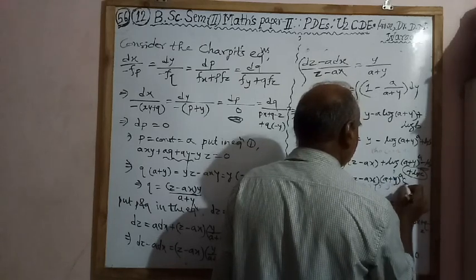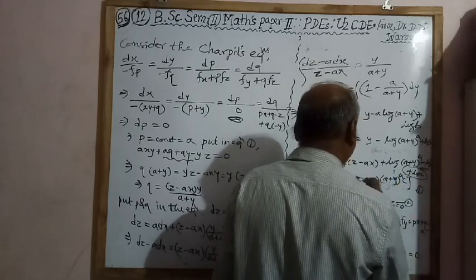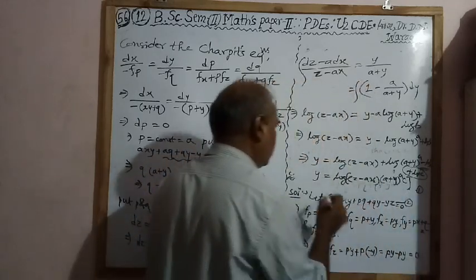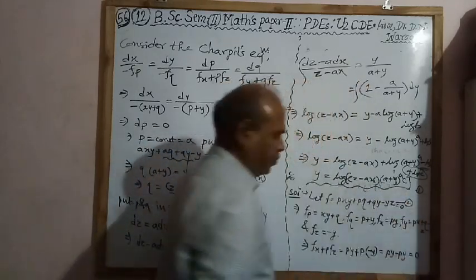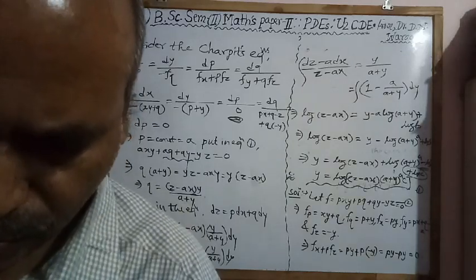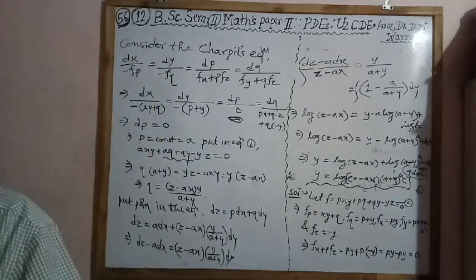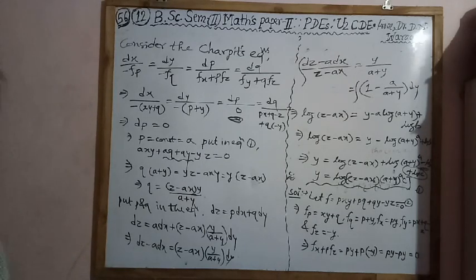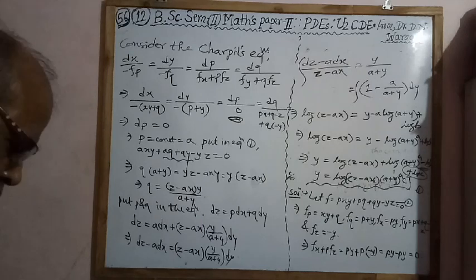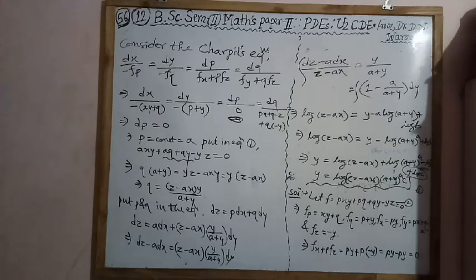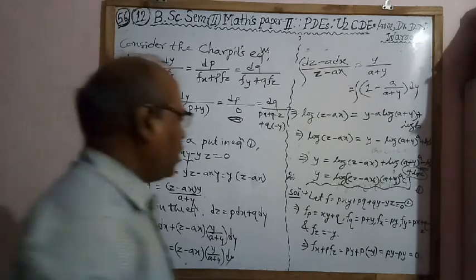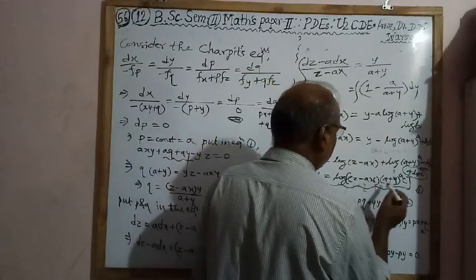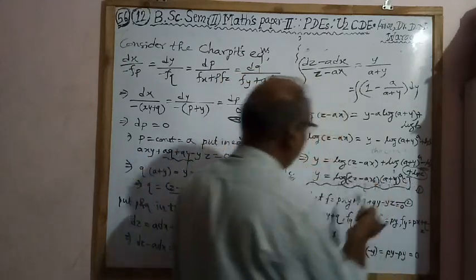Therefore we have this as c. Now we can say that z minus ax into a plus y to the power a into c equal to e to the power y.